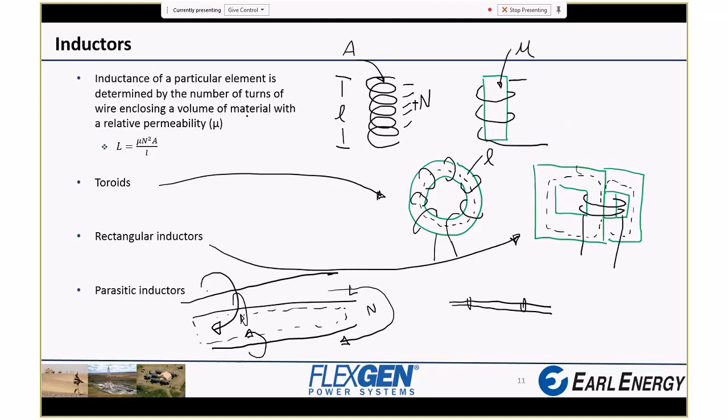The relationship of permeability and number of turns and area and all that is important to keep in your head as just something to have an intuitive feel for, because you might do it in the lab one day. Just say, oh, I wish I had more inductance. I want it to be double. If you think about this equation, if you double the number of turns, you're going to get 4 times the inductance. So you're not going to do that.